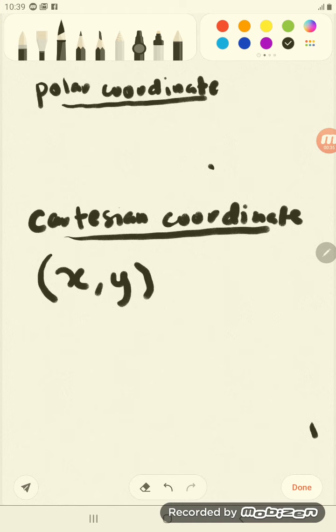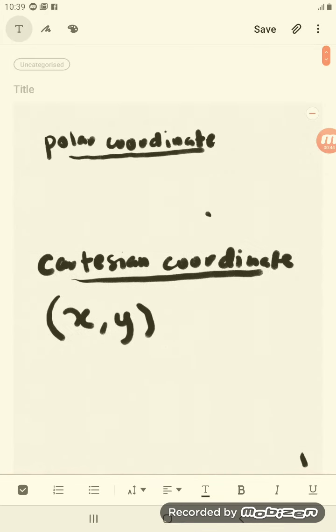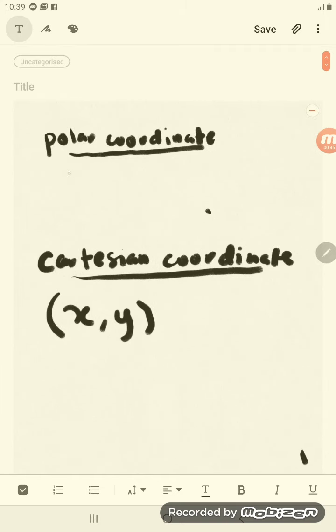But in a polar coordinate here, we are going to use something special, which is a bit different. Here you are going to use what we call r and also theta.